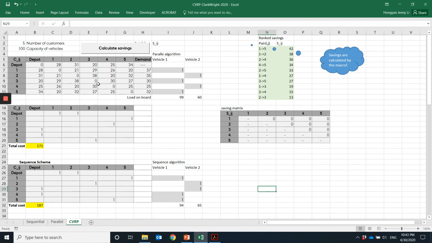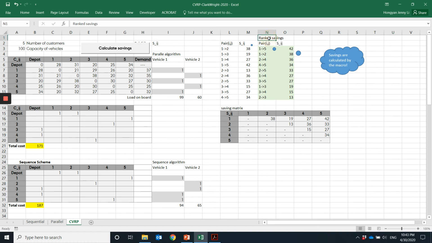Now if I click this button, you can try it in your Excel workbook. I click this button. Now you can see I generate the cost savings in these columns. Then the following calculations are all based on these savings.